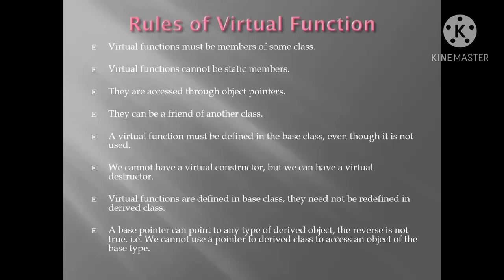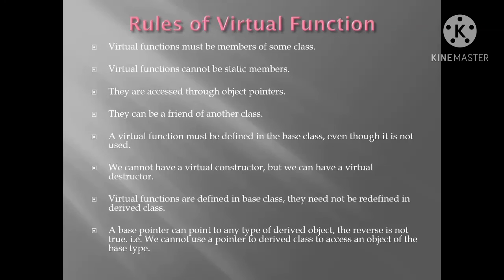Next one, a base pointer can point to any type of derived object. The reverse is not true. That is, we cannot use a pointer to a derived class to access an object of the base type. Your base class pointer can point to any derived object, but the reverse is not true.